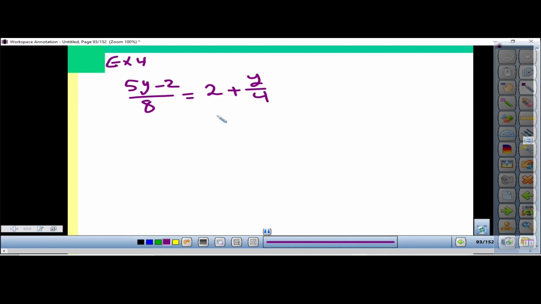What do you think is going to be my least common denominator here? Remember, you really have to pick one that is big enough for the 8 and for the 4.